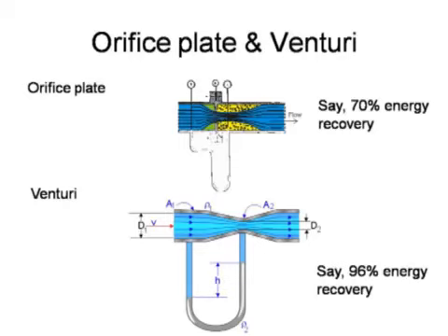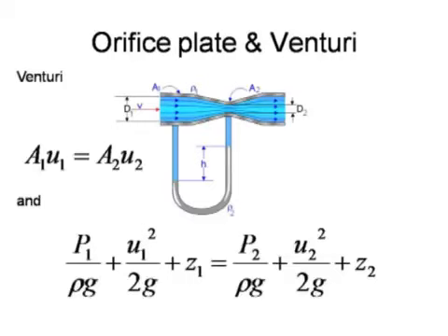The venturi, in fact, has a fairly short lead-in section and a fairly long lead-out section, which isn't illustrated very well in the lower diagram. If we just look at the venturi to develop the equation, it's the same equation for the orifice plate.